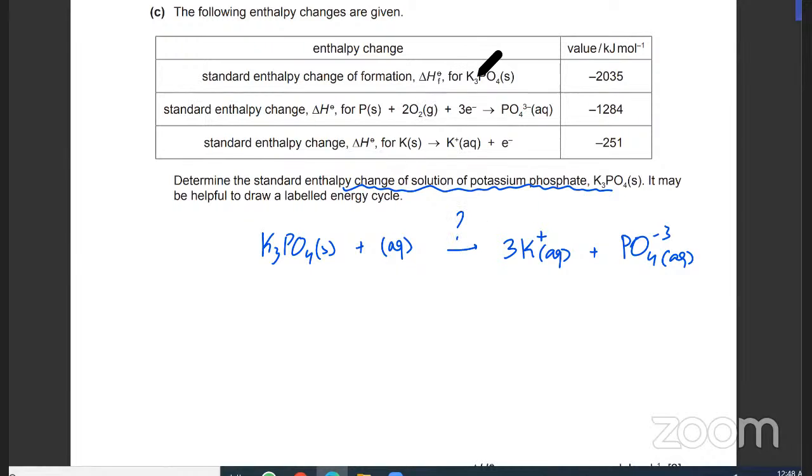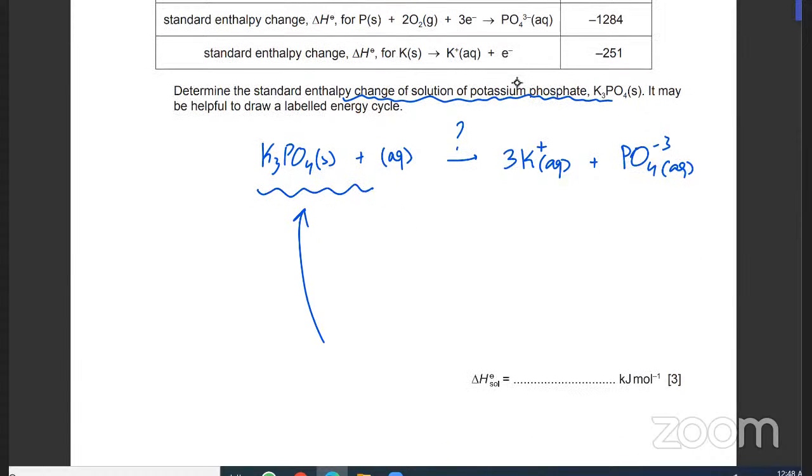You're given the enthalpy of formation of K3PO4 solid. So I've got K3PO4 solid over here. What is enthalpy of formation? The compound is formed from its constituent elements. What are the elements? There are 3 potassiums, solid, and phosphorus, which is solid, and you've got 2 oxygen gas molecules, which is gas. Plus you have aqueous, which is not doing anything in this part.